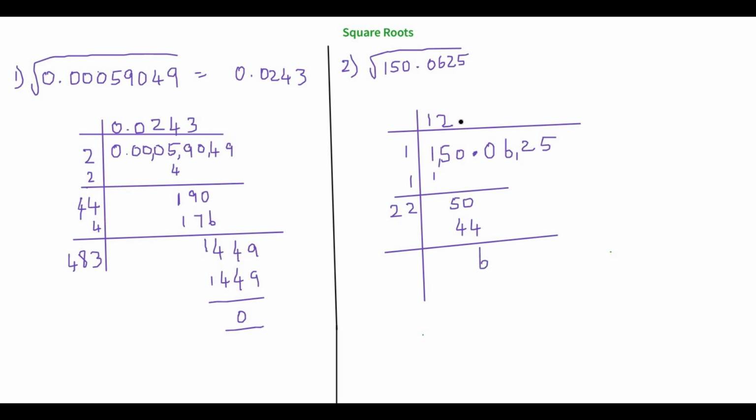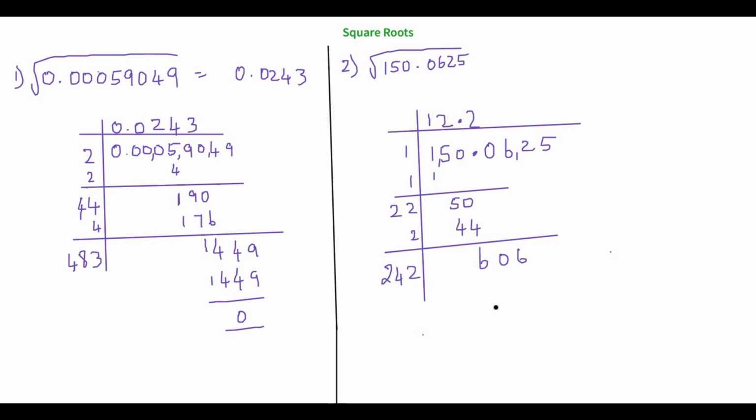Now since there is a decimal, I'll put a decimal here, and then I'll bring down the other two digits as usual, 0, 6. The same thing again, I will add 2 here. Whatever number is in the ones place, you will add it up again. So we get 24 here, and now we have to put one number so that we get 606 or somewhat before 606. So let me put a 2 here, and whatever number I put in the ones place, I'll also repeat it in the quotient place.